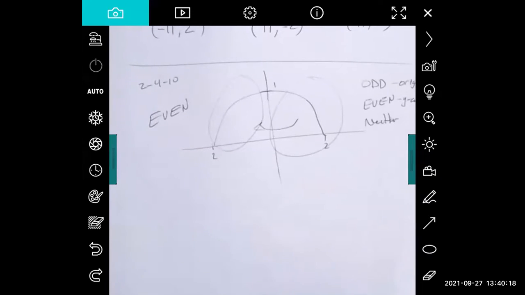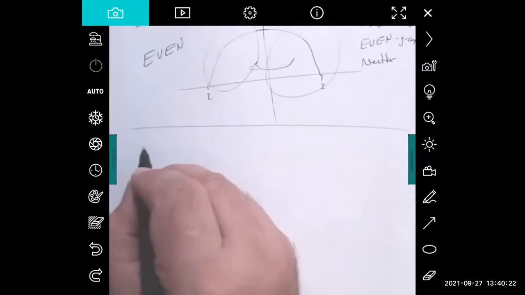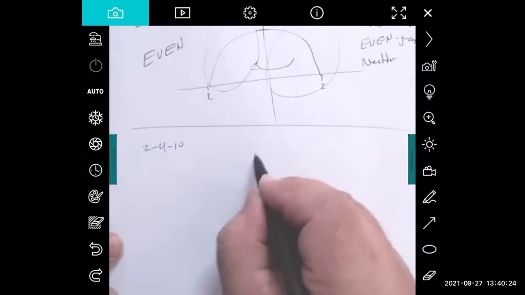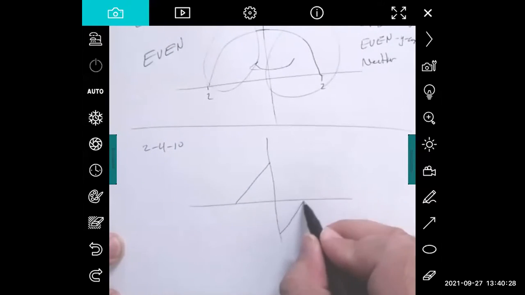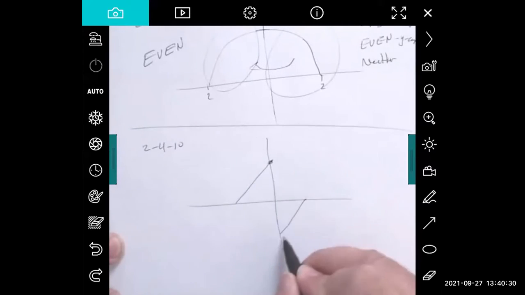How about this one? Is this one odd, even, or neither? Why?